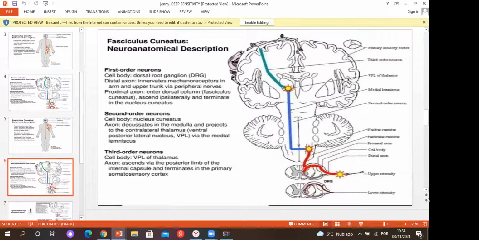The second order neuron, in the nucleus cuneatus, its axon will decussate, which is a crossover again in the medulla, and then project to the contralateral thalamus via the medial lemniscus. And then the third order neuron will do the same thing as in the fasciculus gracilis: it will ascend via the posterior limb of the internal capsule, and then terminate in the primary somatosensory cortex.